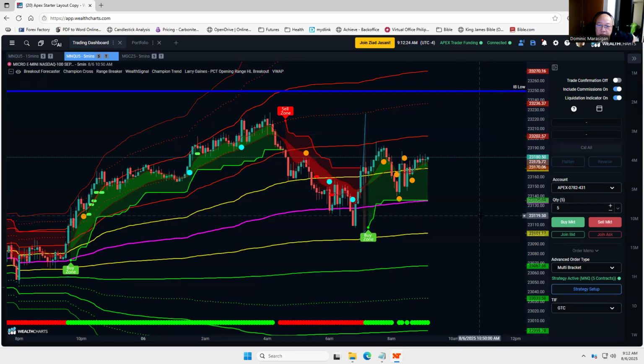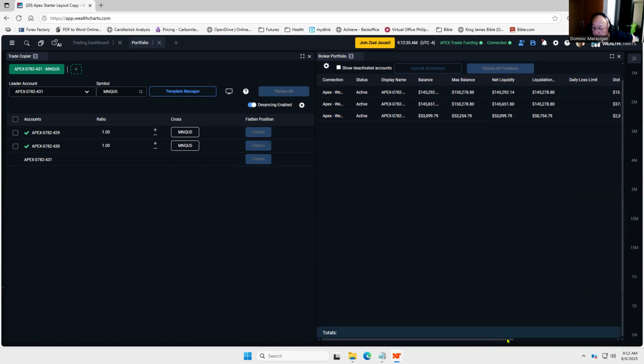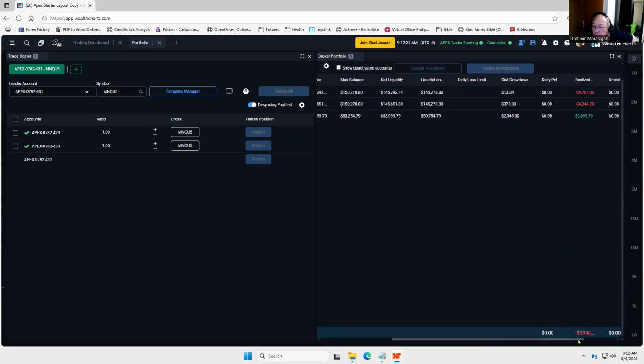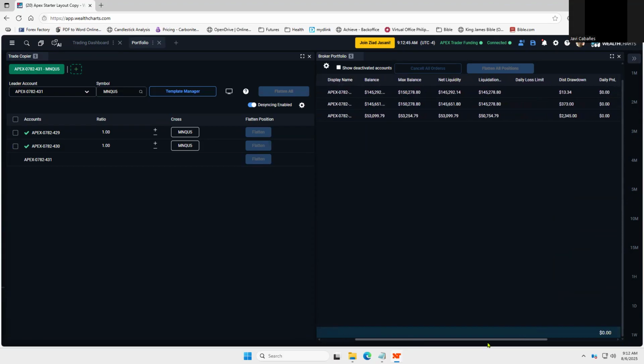I want to make sure that I'm not trading on the one that's already cleared. I already passed this one, so I don't want to trade that. Yeah, let's do this one.